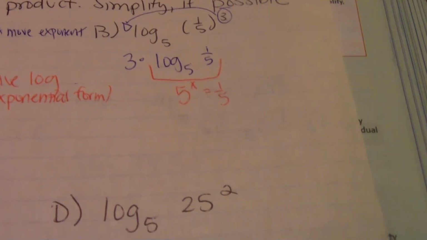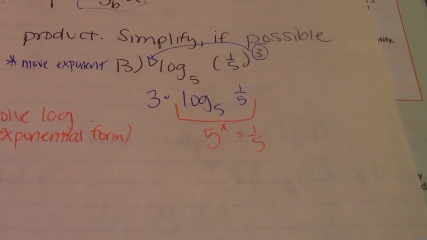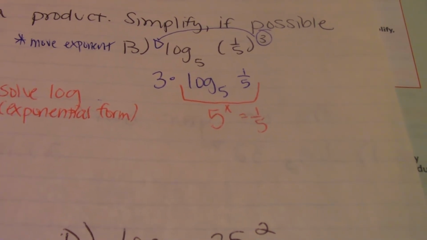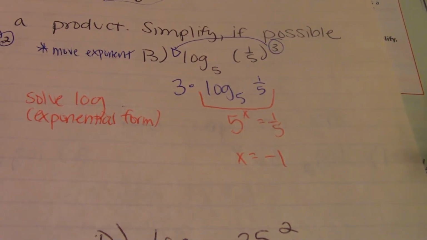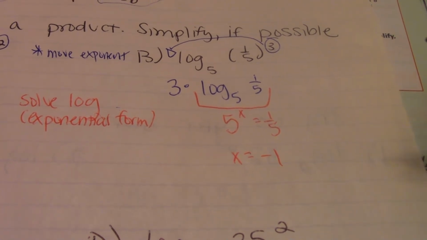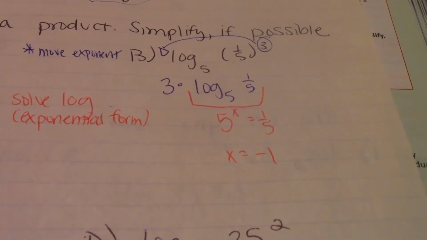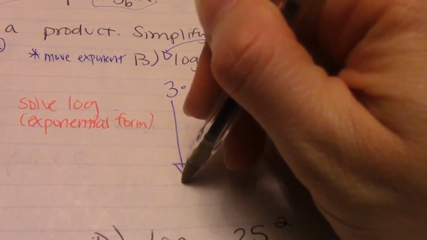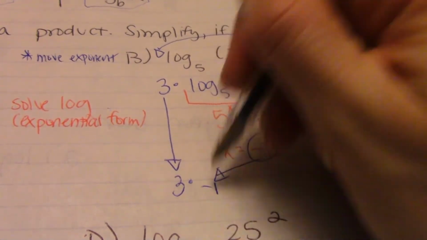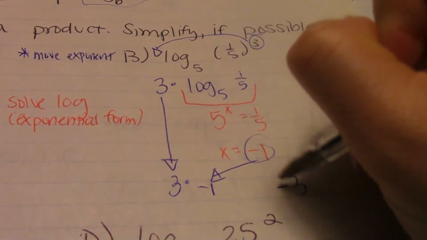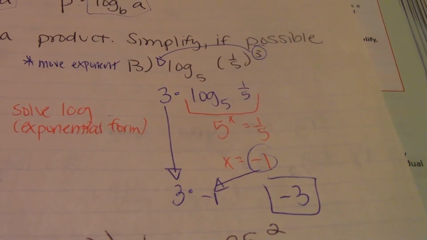We need to remember that having 1 as a whole number and 1 as a fraction means we need a negative number. So x equals -1. 5 to the -1 equals 1/5. Then we need to come back and bring our 3 down, times our -1. 3 times -1 makes -3.